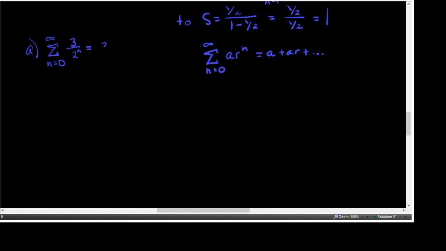So 3 over 1 is 3. 3 over 2 to the first is 3 halves. 3 over 2 squared is 3 fourths, etc. Now that you have those numbers to look at, you might notice that the common ratio is 1/2.